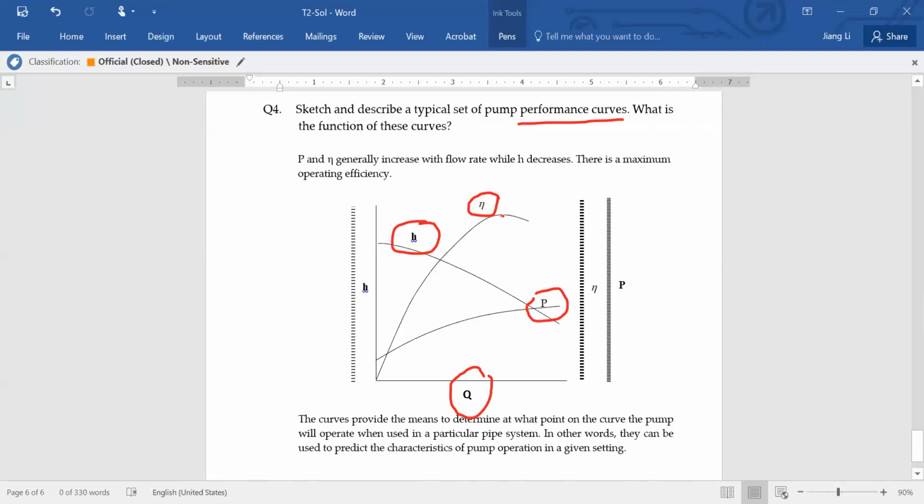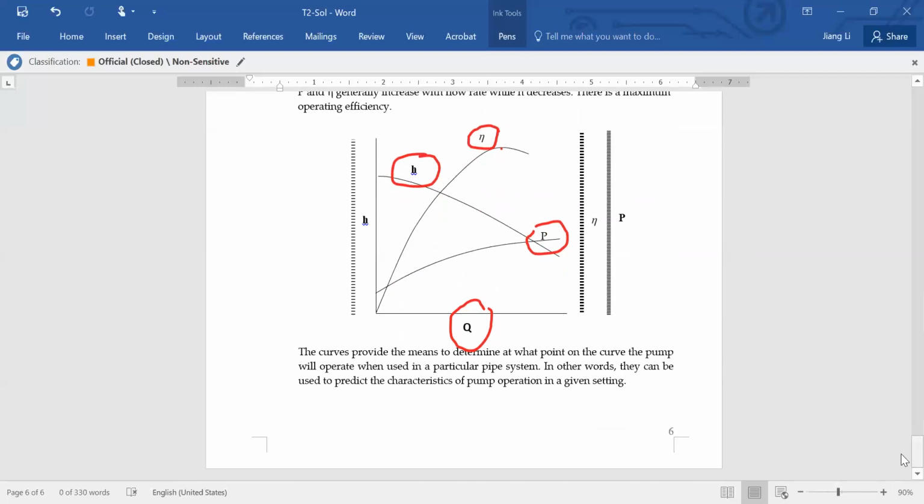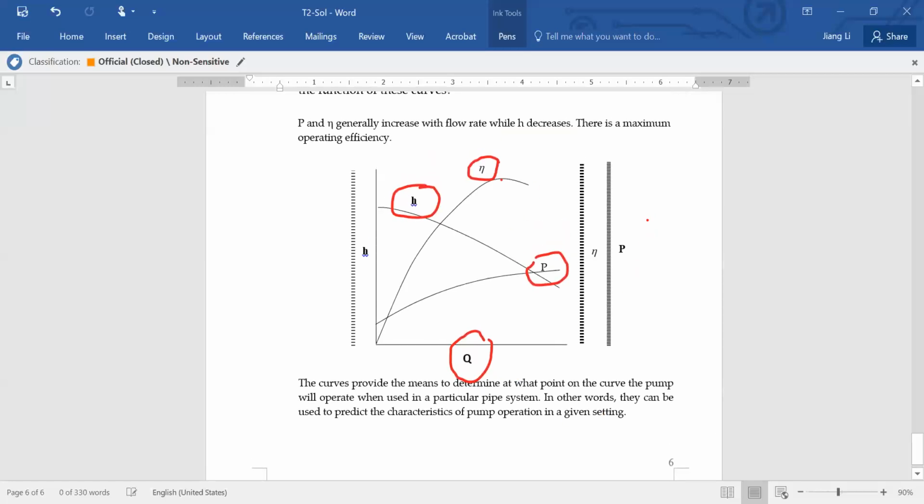So if you choose a pump and want the highest efficiency, you should control the volumetric flow rate properly. Then the head of the pump will decrease with the increase of volumetric flow rate. The power will increase with the increase of volumetric flow rate. Okay, so this is question 4. Now we have finished all 4 questions.